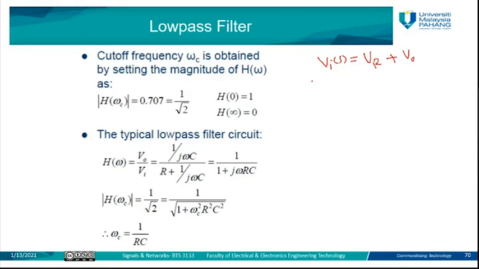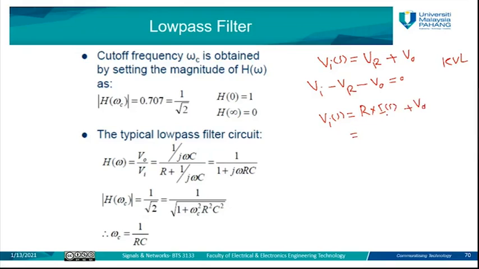Or it can be like the original one: V in minus VR minus V out equal to 0, using KVL. Then we substitute for the value here. So V in equals VR, which equals R times IS plus V out.